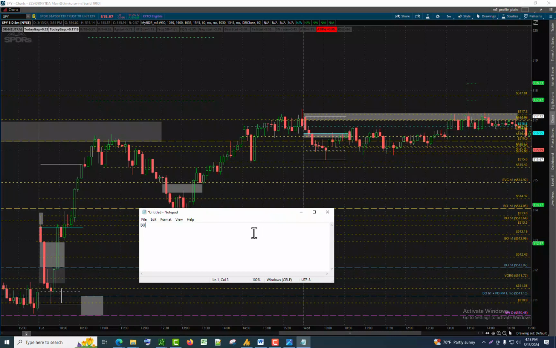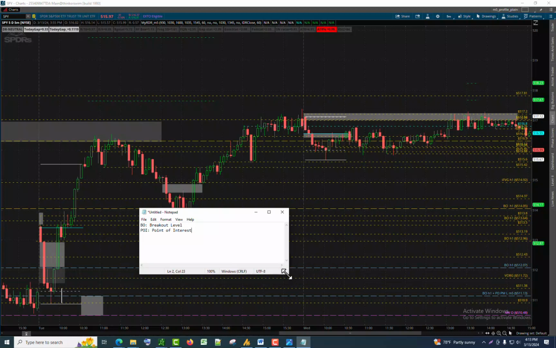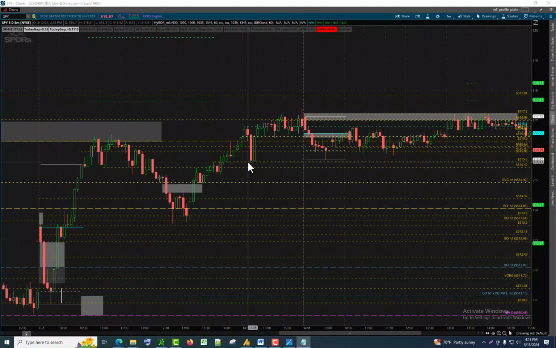We call it breakout level, but we've seen other people use other terms like point of interest. It's okay. It's a different term, but it carries the same idea. That's the level that we pay attention to.